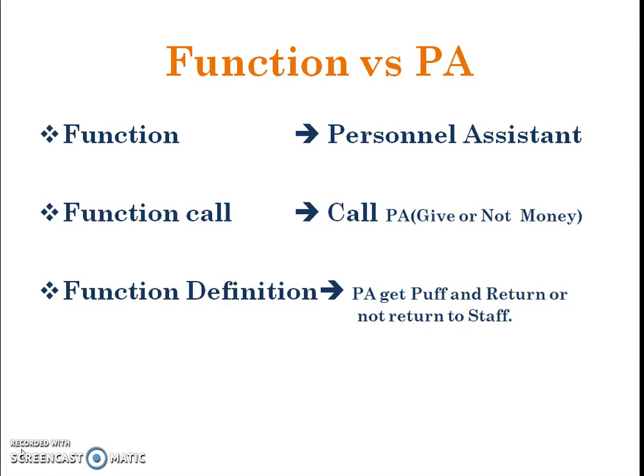If the staff is not giving the money, the personal assistant spends the money himself, gets the puff and gives it back to the staff. The third one is function definition, which we will discuss later. That is, what the personal assistant is going to do in the cafeteria.